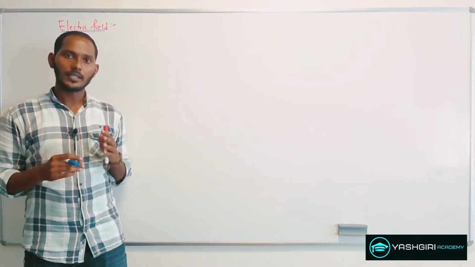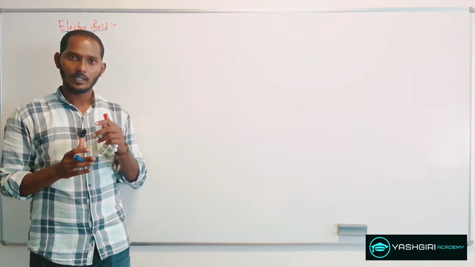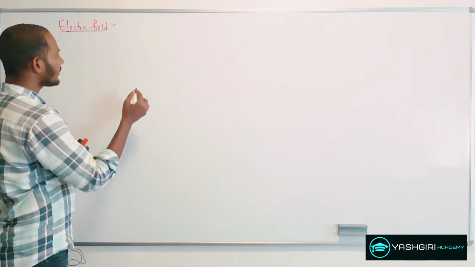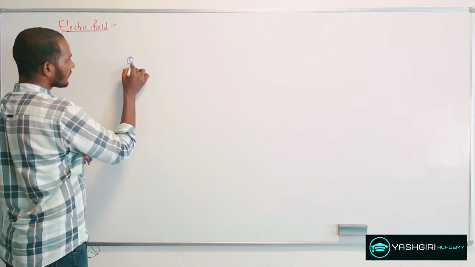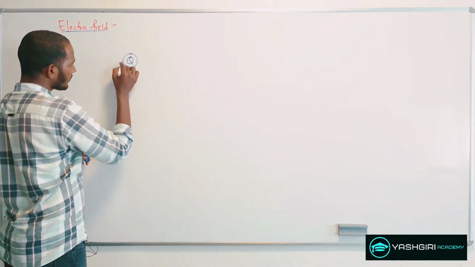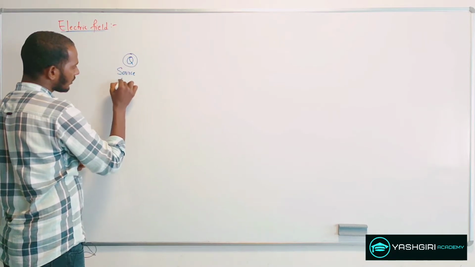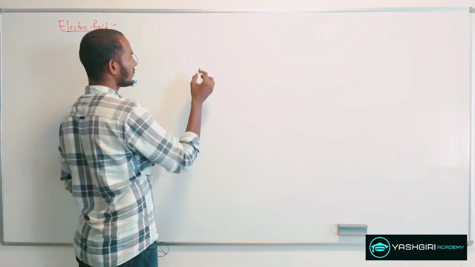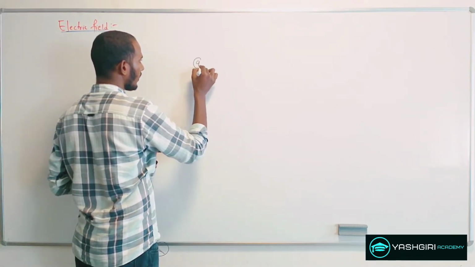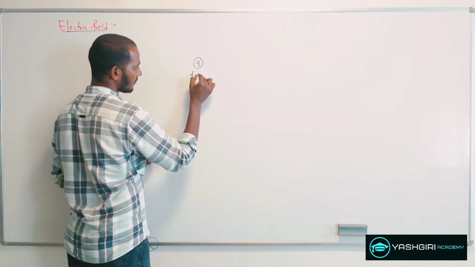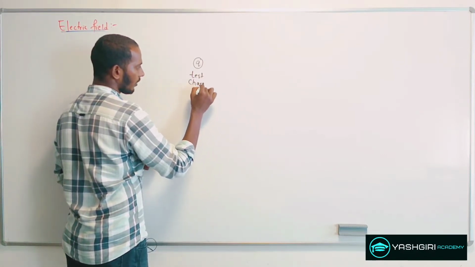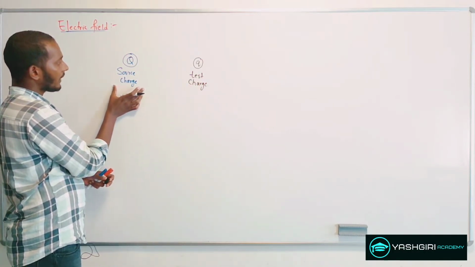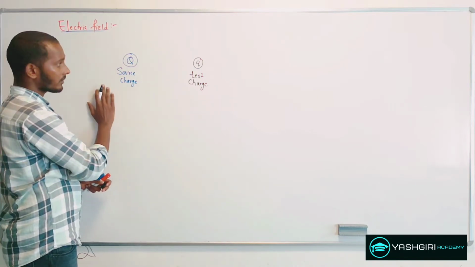Now, let us see how to measure the strength of an electric field at any point in the space around a source charge. So, let us consider a capital Q to be a source charge, and let's take another charge of small q, and let this be a test charge, which will measure the effect of the electric field produced by the source charge in the surrounding space.